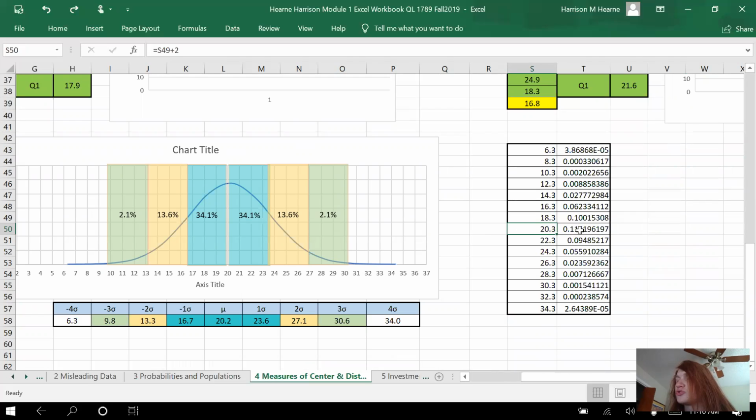That is the most likely chance. If we move our decimal place 2 places over, as you do for percentages, we would have an 11.5% chance that a data entry is roughly around this number, 20.3, not necessarily that number exactly, but around there.